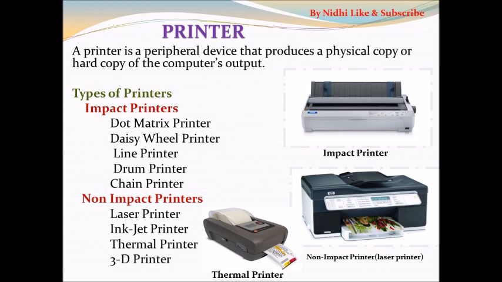Next is inkjet printer. They produce images by spraying tiny droplets or dots of ink on the paper. They have very high quality output and can also produce colored graphics. These printers are less noisy. The average quality of inkjet printer is 300 dots per inch, although a few latest models offer higher resolution.